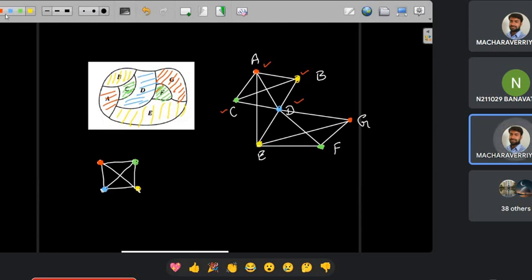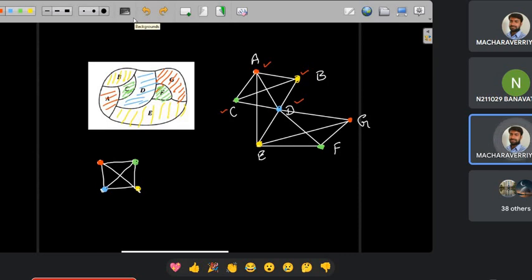Alright, there is another possibility also. We can assign red color here, and we can assign yellow color here, and green color here. That is also possible. Okay, now this completes our job.